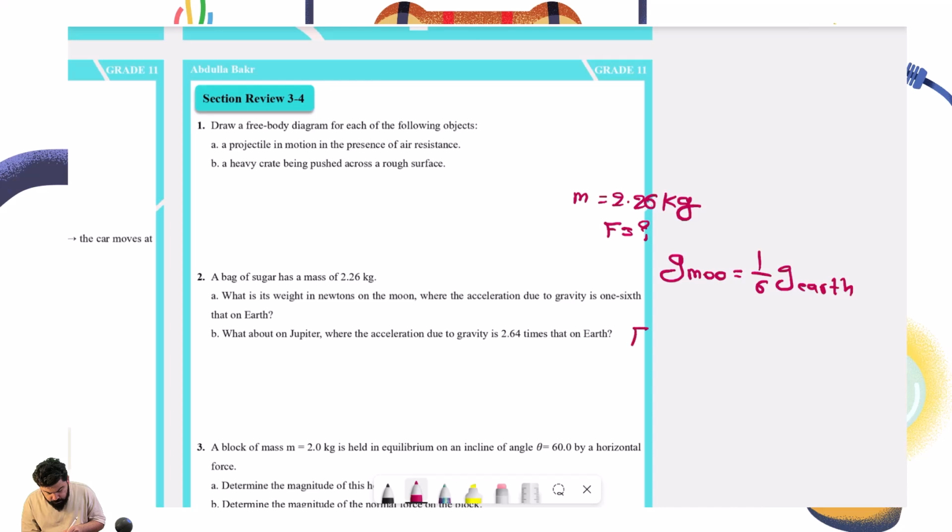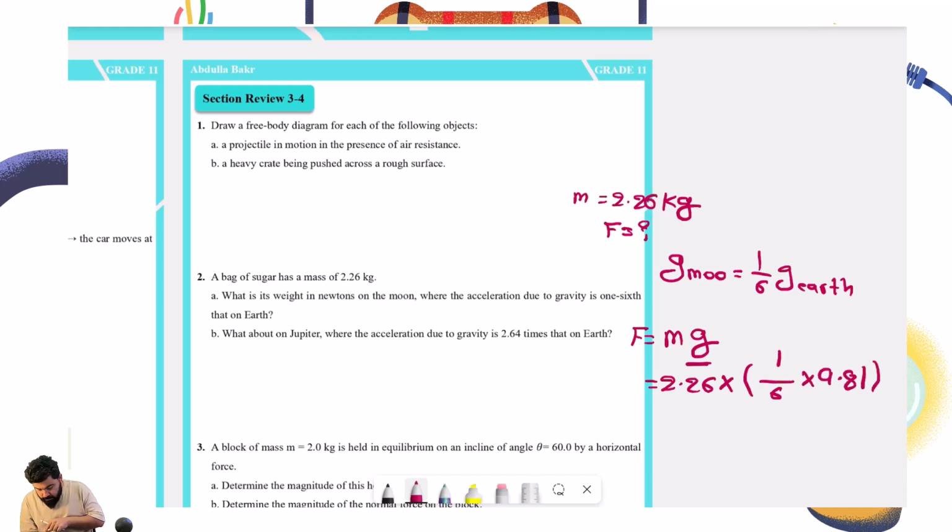So we have F, which is equal to mass times gravity. We have mass is equal to 2.26 multiplied by, make a parenthesis, this gravity is equal to 1 divided by 6 multiplied by 9.81.